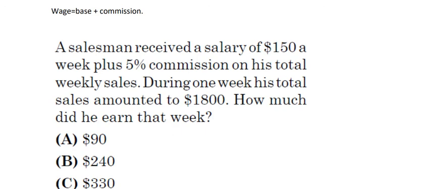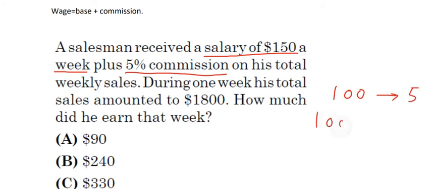So let's say your base salary is $150 a week plus 5% commission of your sales. So 5% commission means if you sell $100, you get $5 as a commission. If you sell $1,000, then you get $50 as a commission, right? That's 5%.